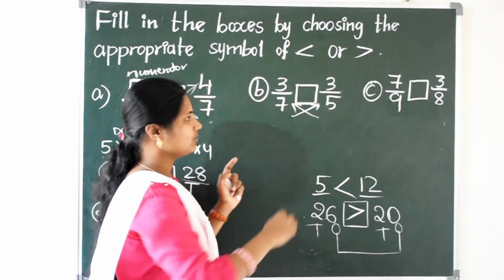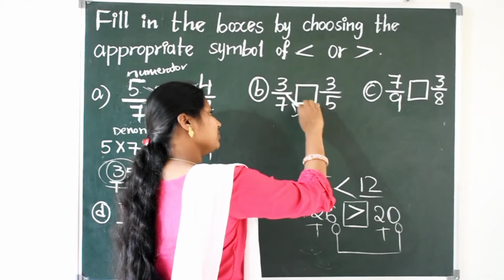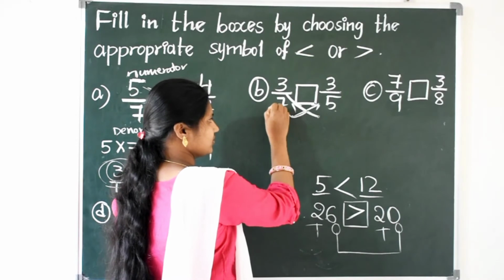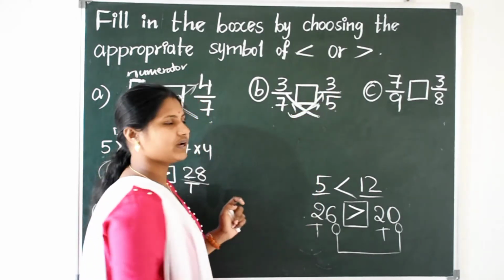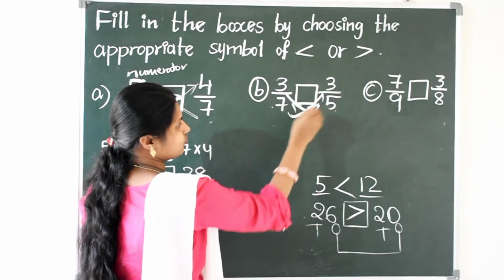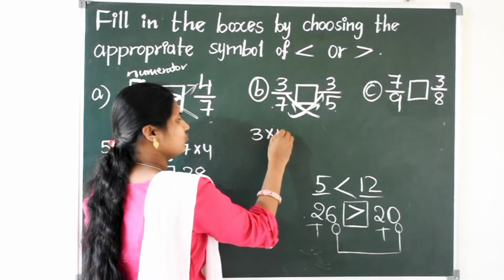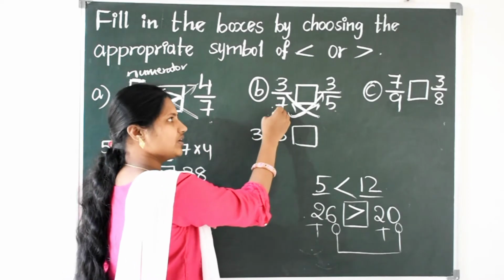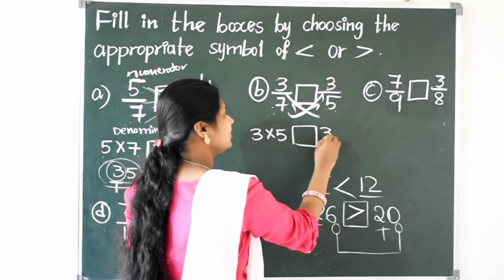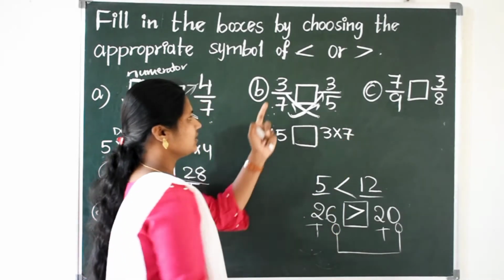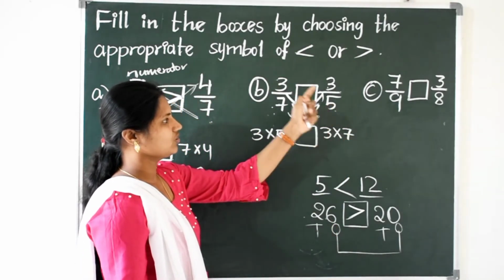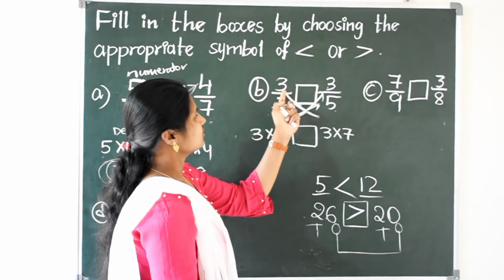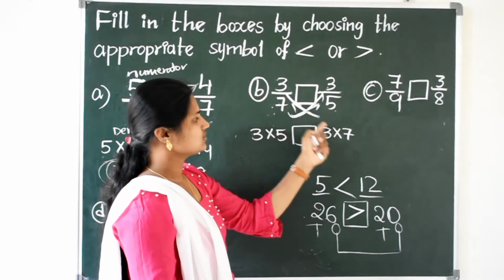Cross multiplication means first numerator with second denominator, and first denominator with second numerator. 3 into 5, and here 3 into 7 or 7 into 3. 3 into 5 or 5 into 3 will give same answer, no? So 3 into 5 and 3 into 7.